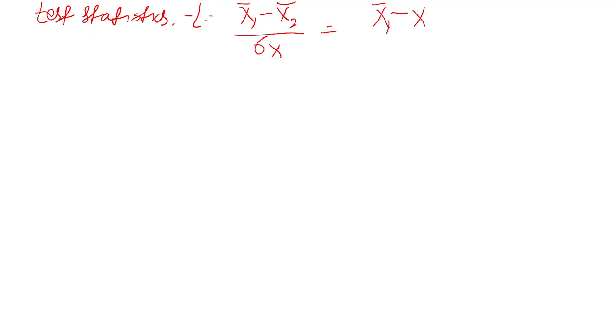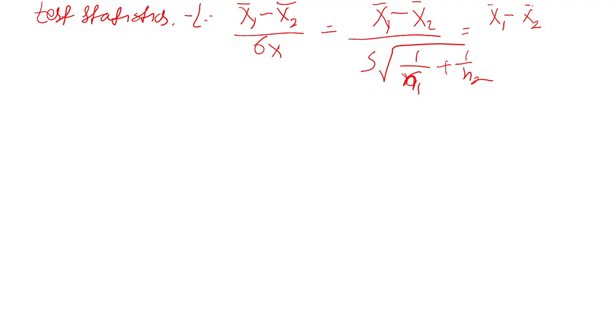As we all know that both have the same population variance, we can simplify this to x1 bar minus x2 bar by s into the square root of n1 plus n2 over n1 n2.